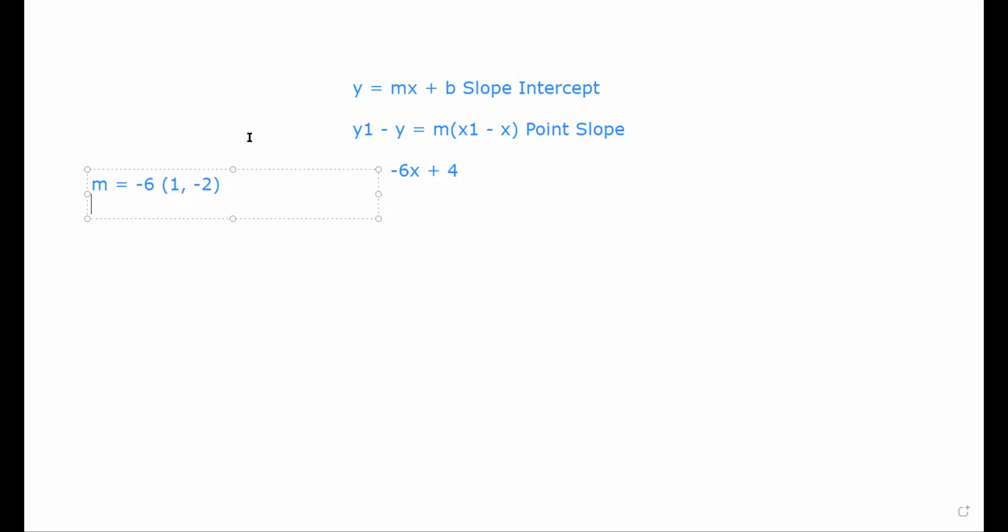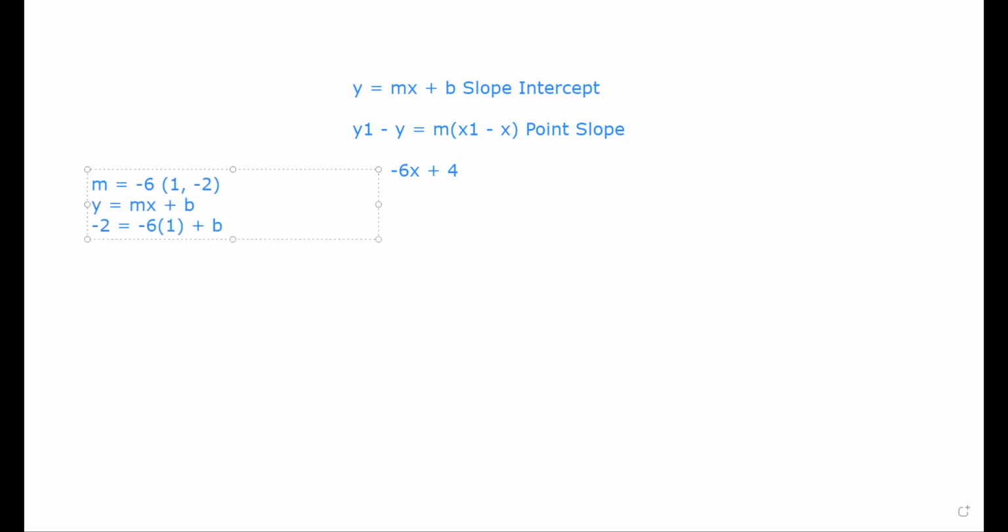And if we use slope-intercept to do that, it'll help us find b. The y value from the point is negative 2. Our slope is negative 6. X is 1 from the point, plus b. Okay.